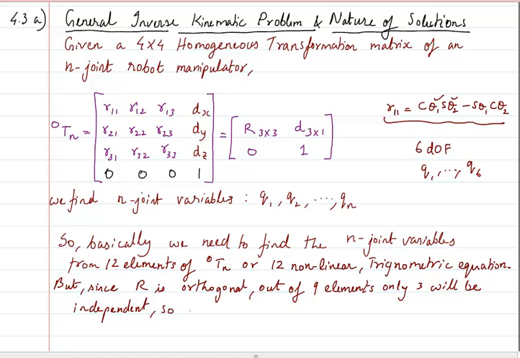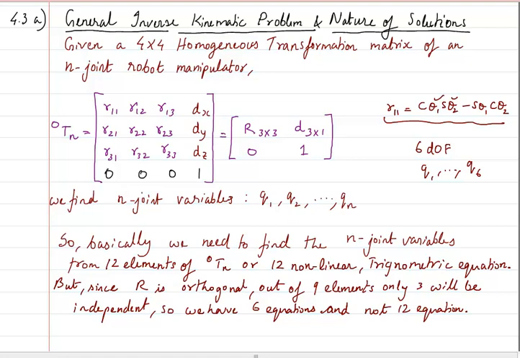So we have 6 equations and not 12 equations. From this R matrix, we will be able to take only 3, and dx, dy and dz, that is 3. So totally we will have 6 equations from which we need to find out 6 unknowns.